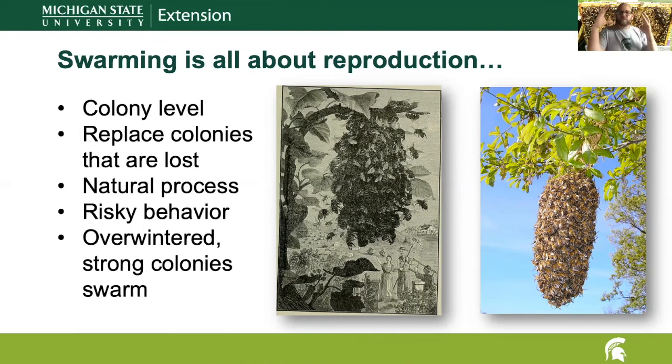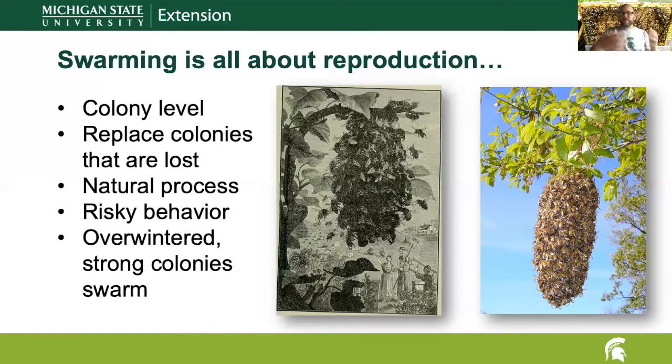So how does the entire colony reproduce naturally to replace colonies that are lost during the winter or to disease or maybe another factor affecting the survivability of a bee colony? And this is purely a natural process. There is nothing unnatural about this. Humans didn't always keep bees, and swarming is the behavior that is hardwired into the species to ensure survival in the wild.